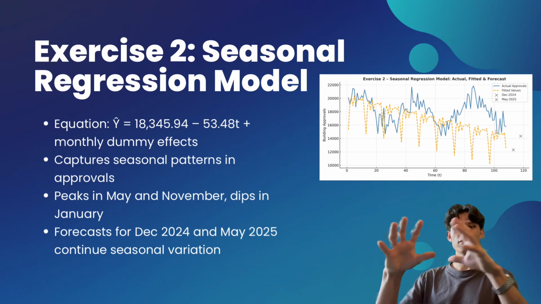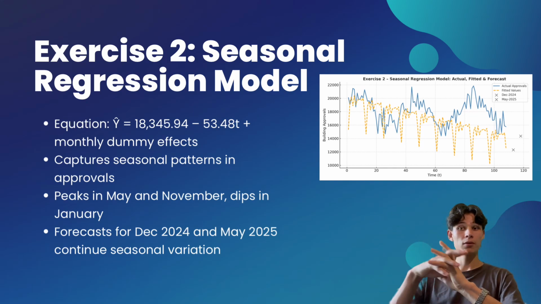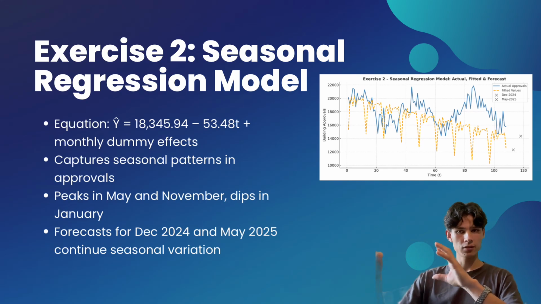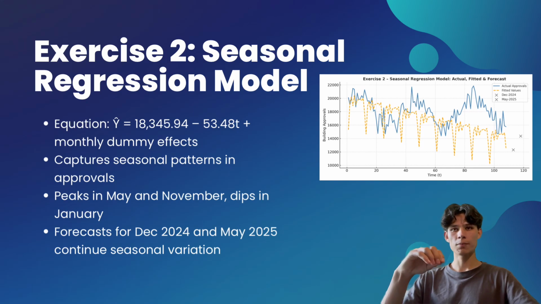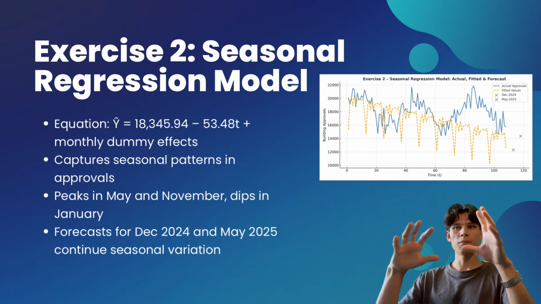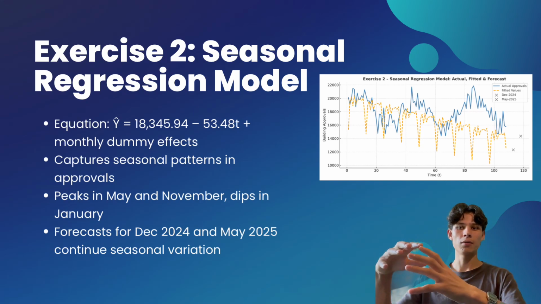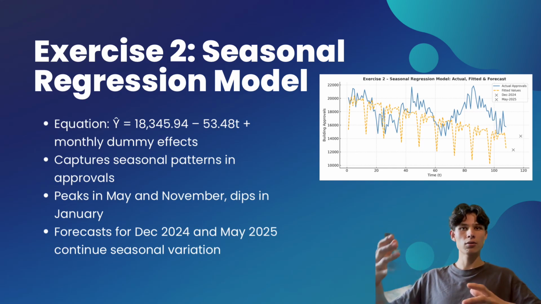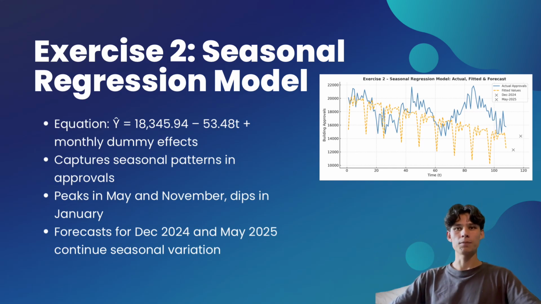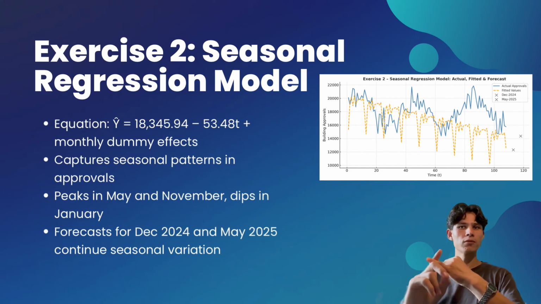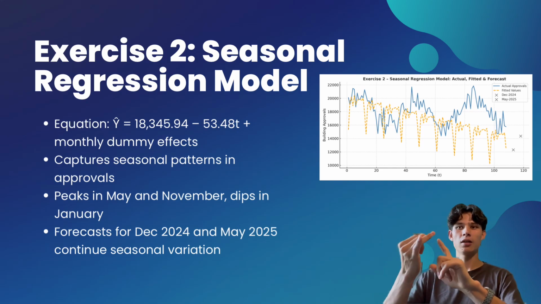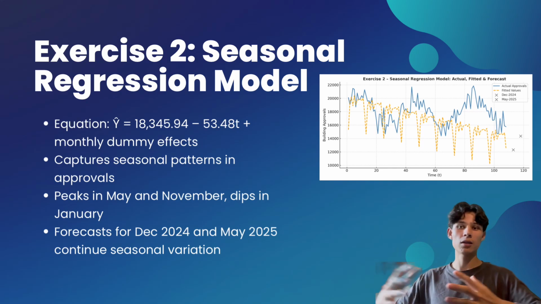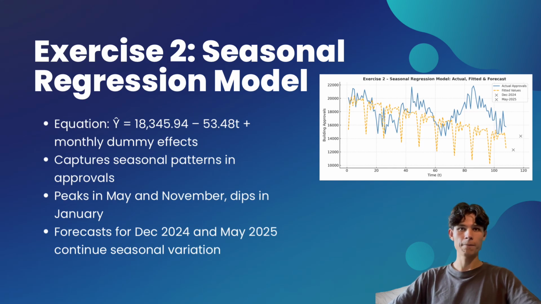If you compare this model to the previous model that we looked at, the simple trend model, this approach provides a better fit by accounting for recurring fluctuations across different months. For example, approvals tend to rise during periods such as May and November, but fall during months like January.